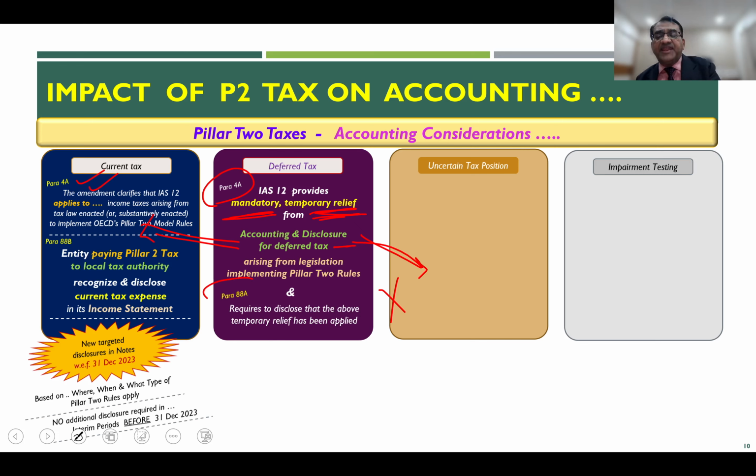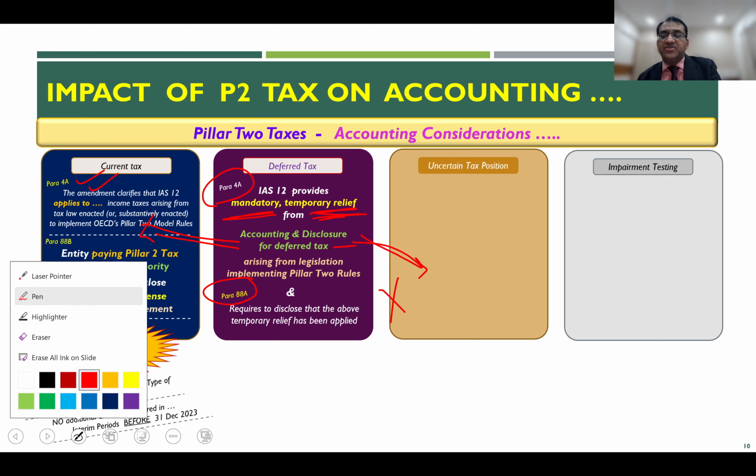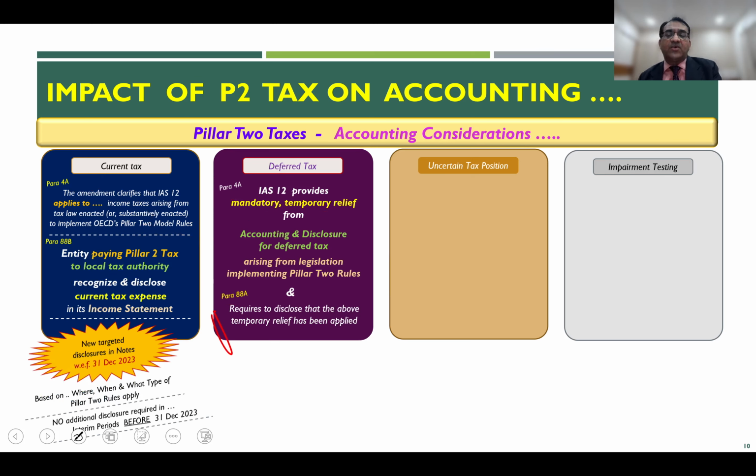Also, paragraph 88A, which is also newly inserted, requires an entity to disclose that this mandatory temporary relief has actually been applied by the entity. So, to summarize, the current tax impact, yes, the entity has to record and report, whereas in terms of deferred taxes, neither the accounting nor the disclosure is required because there is a mandatory temporary relief.